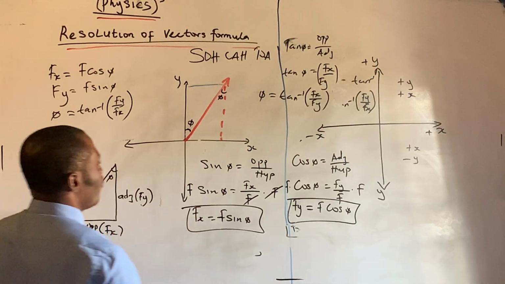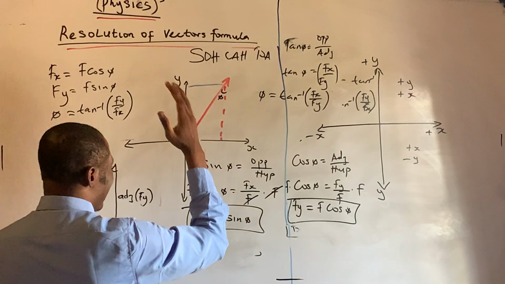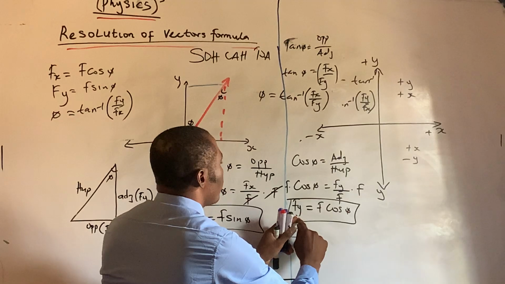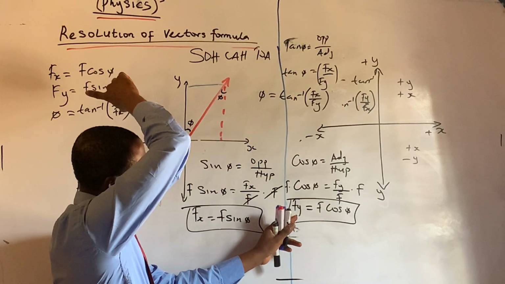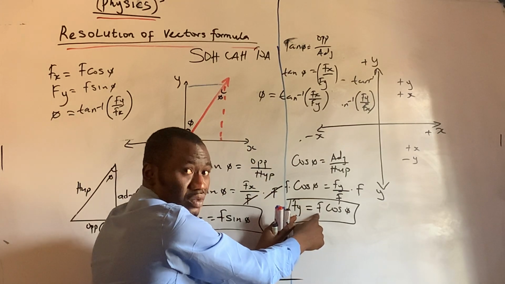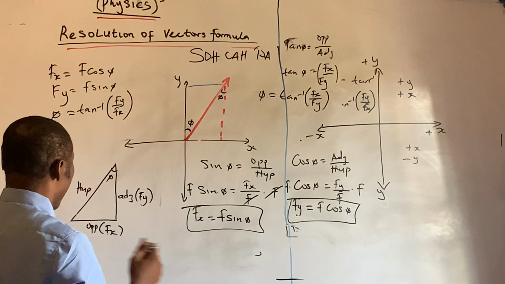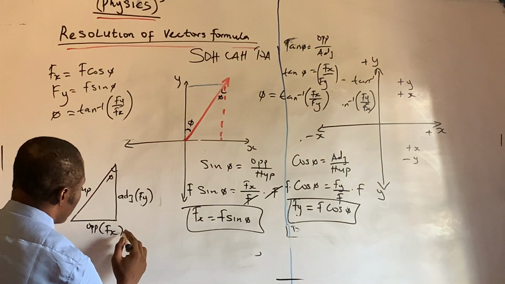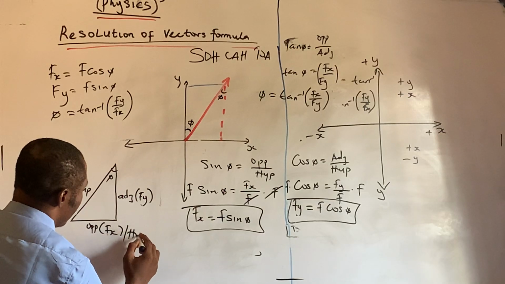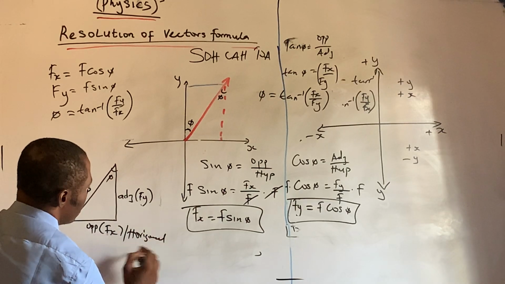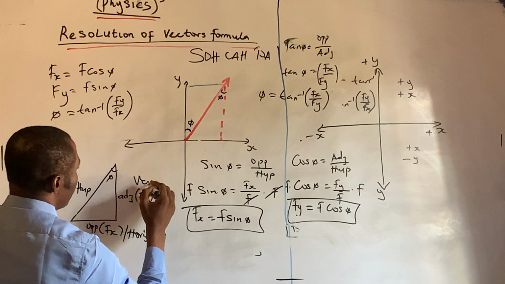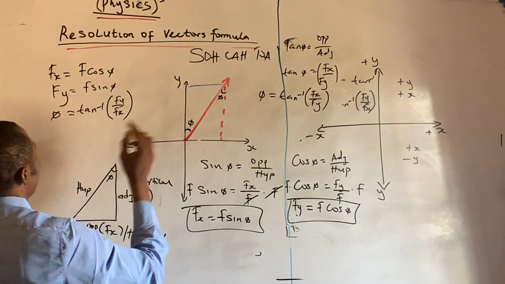All right? Now, for the f of y, which is the vertical now, in this place it is sine, but here it is cos. You get the point now? So that's what we mean by that. So this one is also known as the horizontal, and this is also known as the vertical. In fact, let me put it for you.